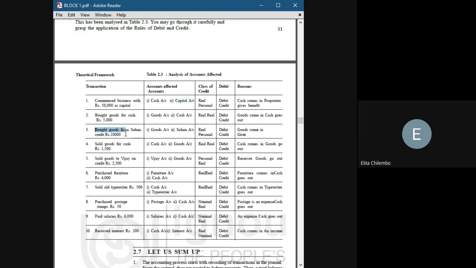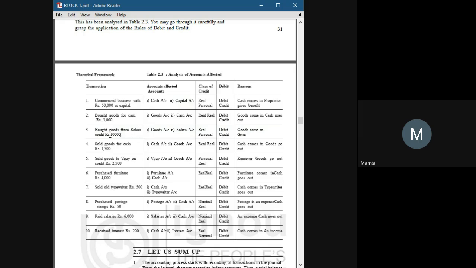Now this third entry: I bought goods from Soham on credit, rupees 10,000. When you bought goods from Soham on credit for rupees 10,000, you have two accounts in it. First is goods account and second is Soham account.